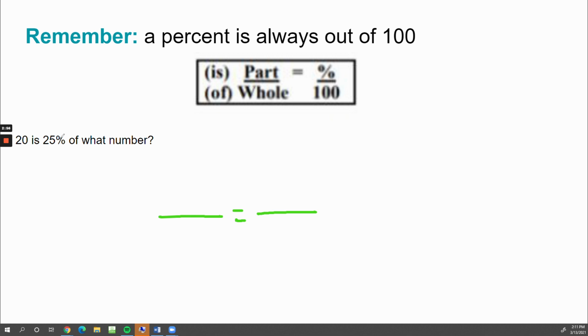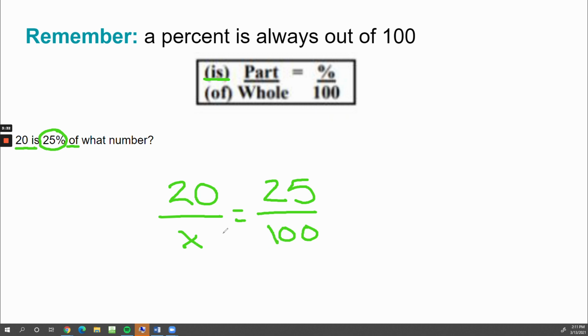So we always know it's 100. 20 is a word that's telling us that that represents the part. So we're going to put 20 for the part. 25% is the percent, so we'll label that. Of what number? The of is what we don't know, so we'll put our x for the whole, which is represented by of.